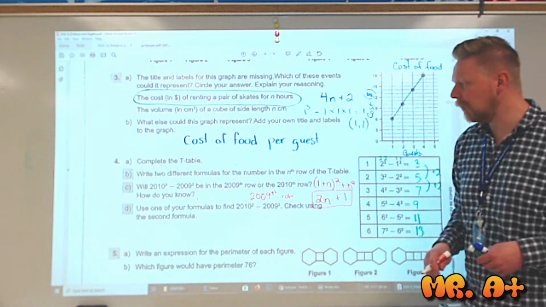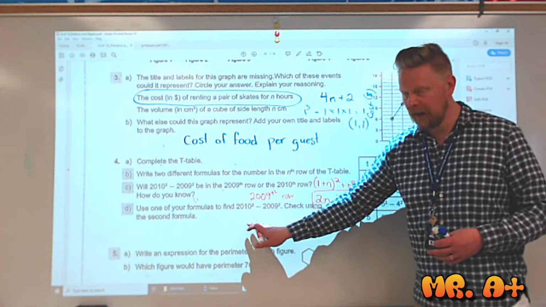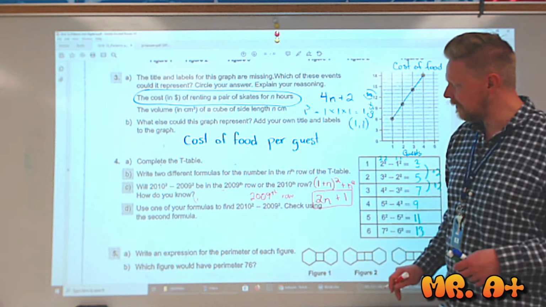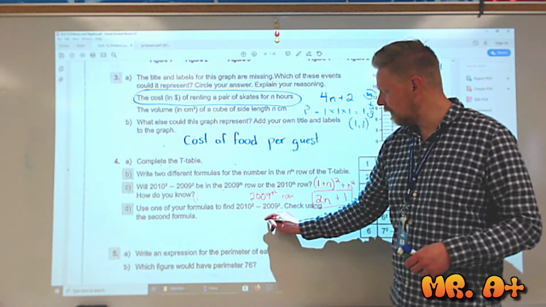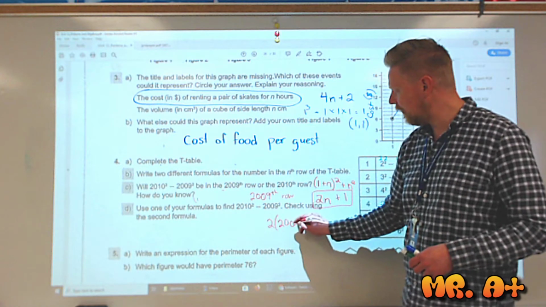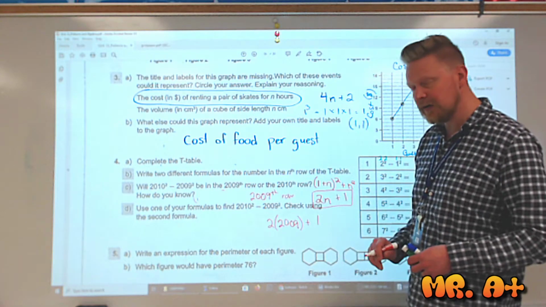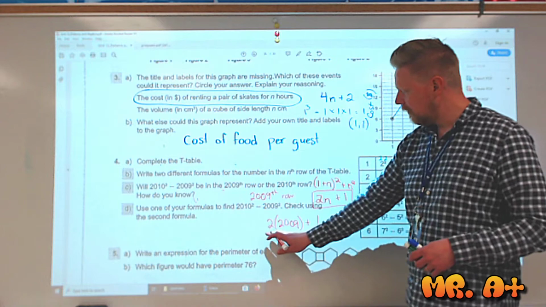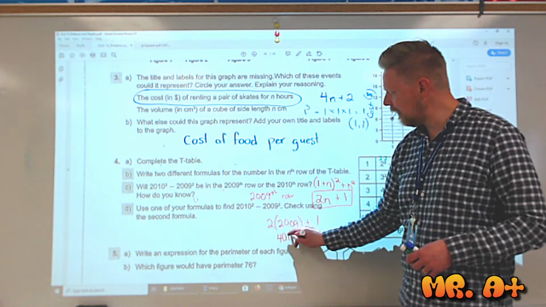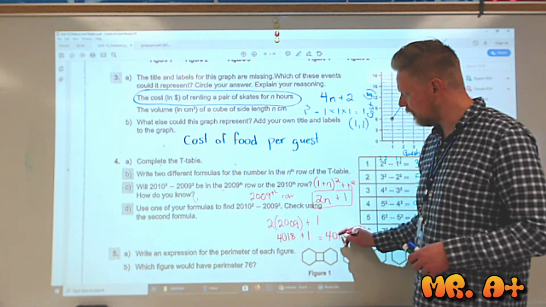Now we're going to use our formula to find out what this is going to be. Now looking at this one here, I could use my calculator and I could square both these numbers and subtract, or I can just simply substitute into this one. So I've got 2 times 2009 plus 1. 2 times 2000 is 4,000. 2 times 9 is 18, so that's 4,018 plus 1. 4,019.